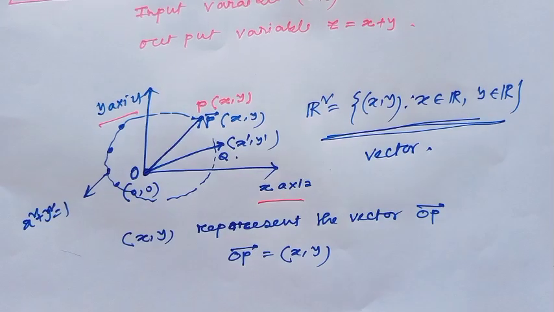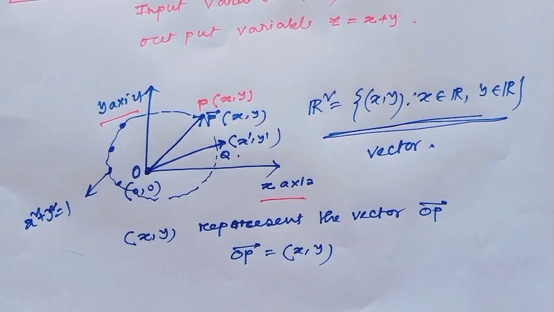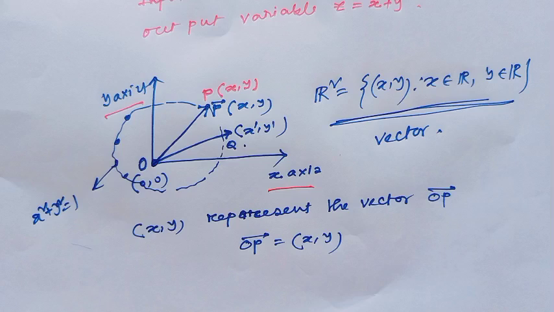I defined this in my previous video when I started functions of several variables. If you haven't seen my video on functions of several variables, first see my previous video. Today I have defined this part just as a review.